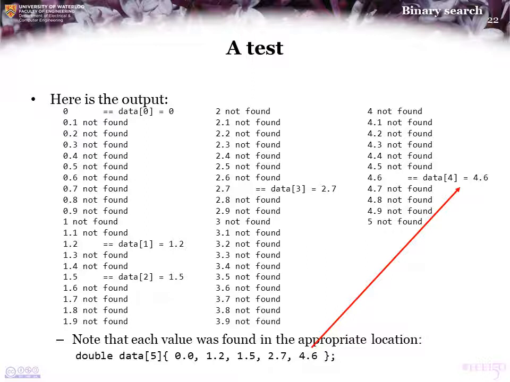For every other value between 0 and 5, the value was not found, which is exactly what we expect. All right, so it seems like our binary search algorithm is working. Maybe.